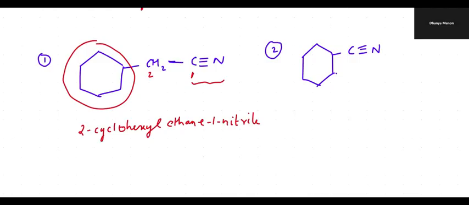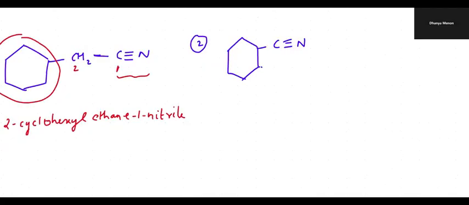But in the second case, you can see that the functional group has a carbon atom and it is directly attached to the ring. So in this case, we don't number it. Instead, we write cyclohexane carbonitrile.